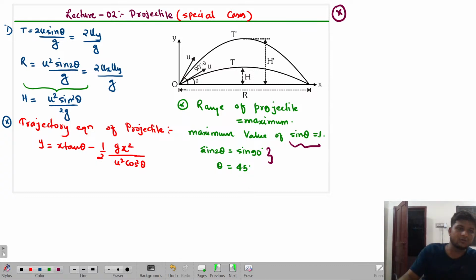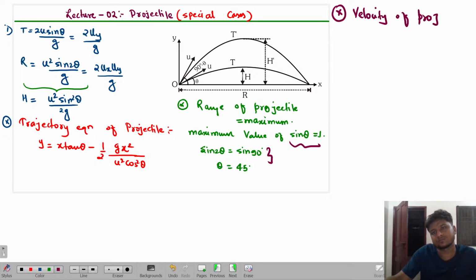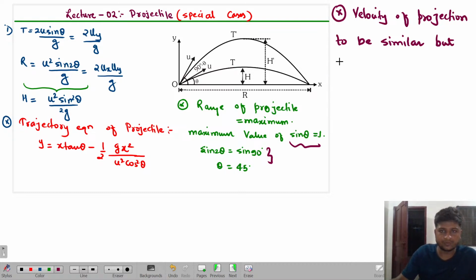Okay. Now, another special case is, let's suppose I keep the speed of projection, the velocity of projection, to be similar, but the projection is at two angles.